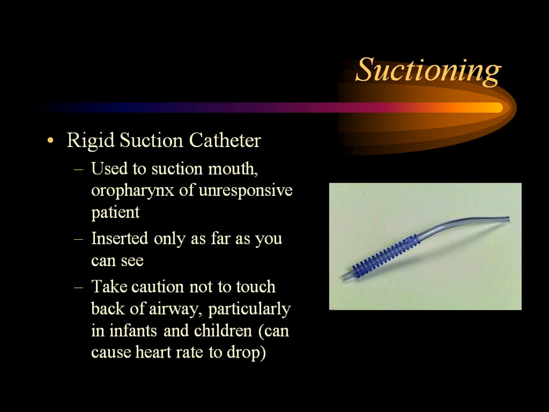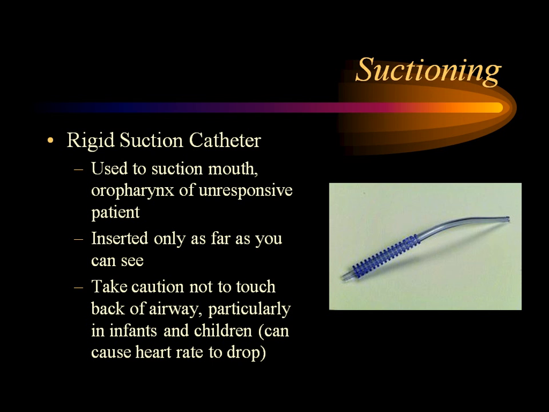You only want to insert it as far as you can see. So you don't want to jab that whole thing down. Typically, this curve is for that; you can see a little curve in it, and usually that's about as far as you want to go, about right there. Usually when you hold it, you want to measure from the earlobe to the corner of the mouth.